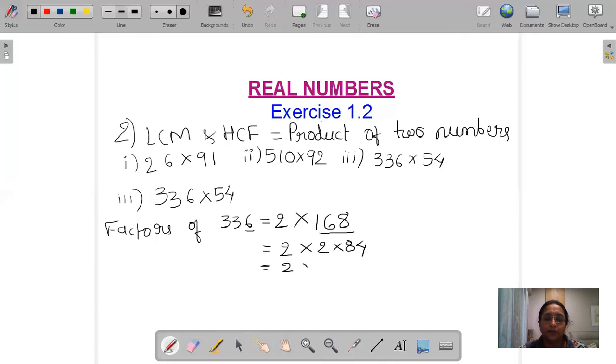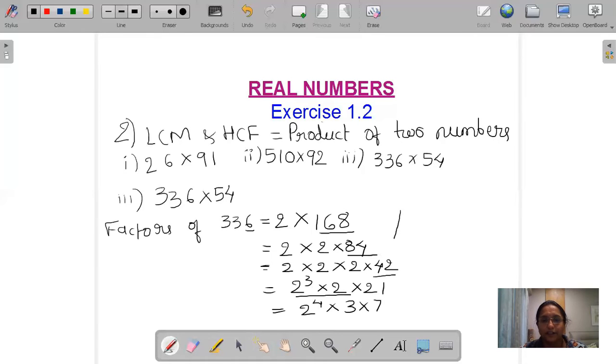Again 2 into 2, you can take 2, 2 fours are 8, 2 twos are 4. So I'll write 2 cube here into, you can take 2 here, 2 twos are 4, 2 ones are 2. So this will be 2 raised to 4 into 21, and 21 can be written as 3 into 7. So these are the factors of 336.